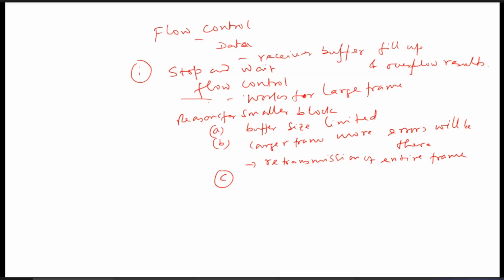When a shared medium is used, just like a LAN, local area network, if a particular station occupies the medium for an extended period, that is not desirable. That means other stations will have to wait for the transmission of the data frames.